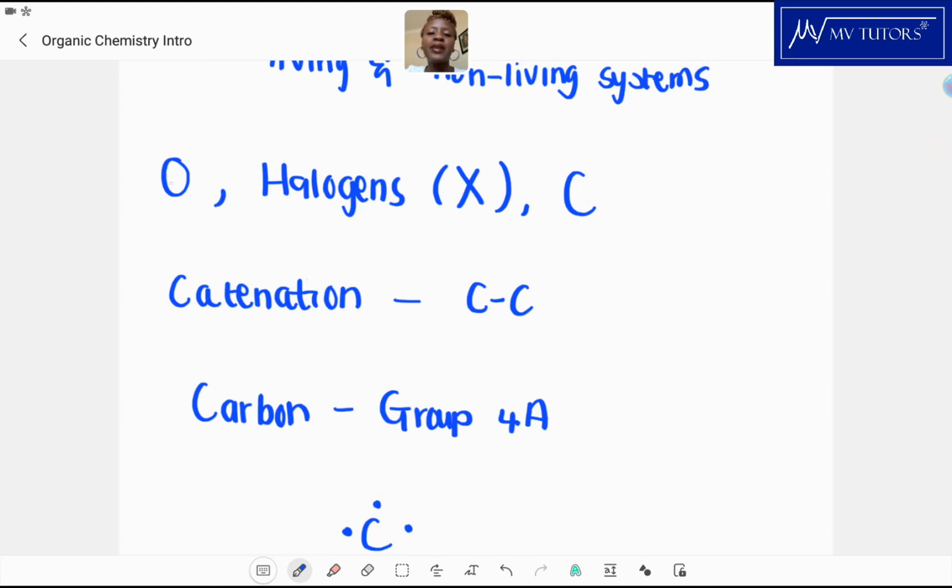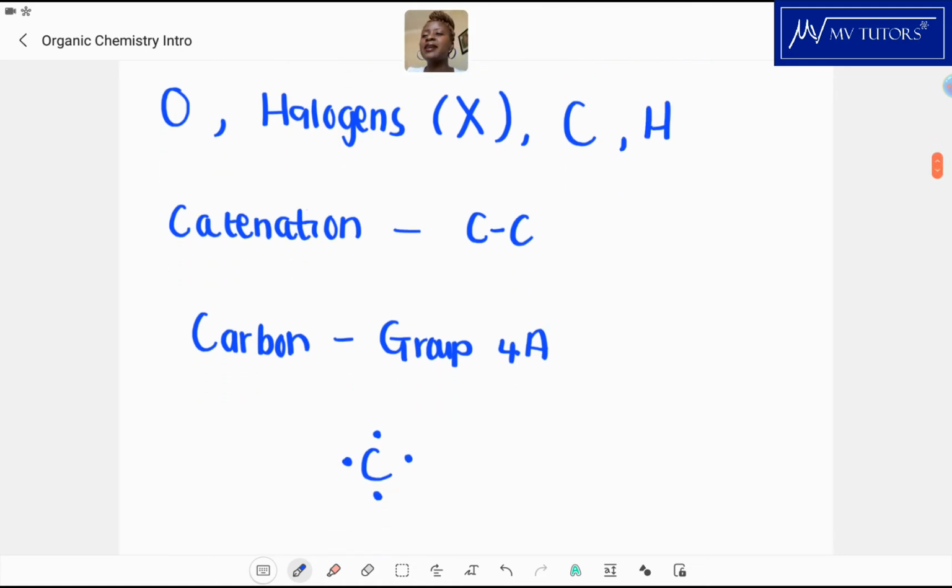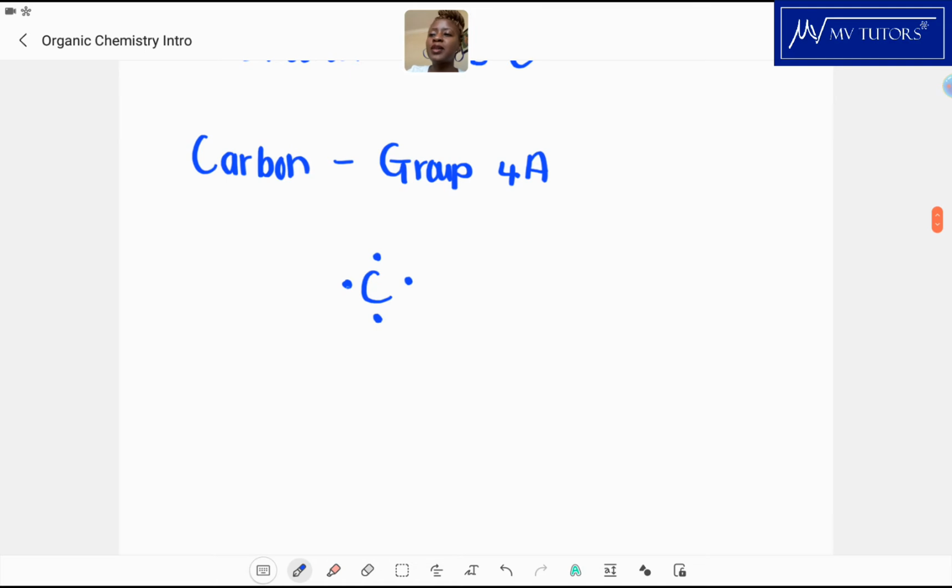So yes, in organic chemistry you have compounds with oxygen, halogens, carbons, as well as hydrogen atoms. And if I were to look at the Lewis structure where carbon combines with hydrogen to form hydrocarbons, you would have hydrogen atoms sharing electrons with the carbon atoms.